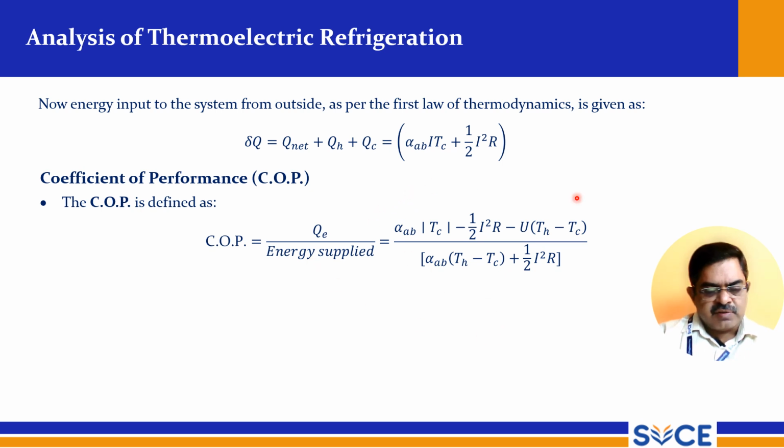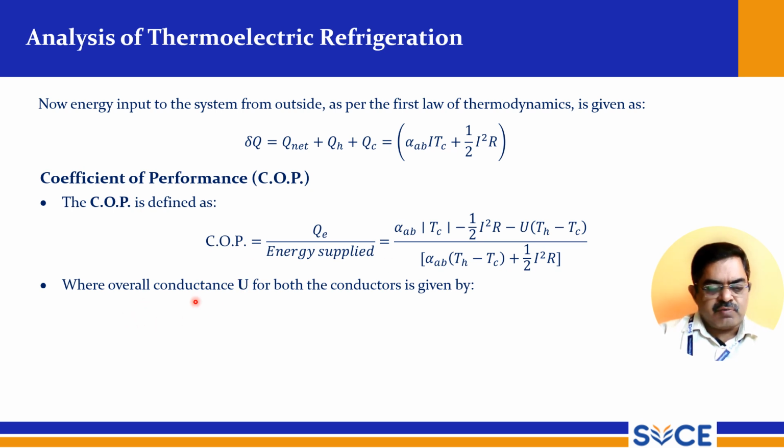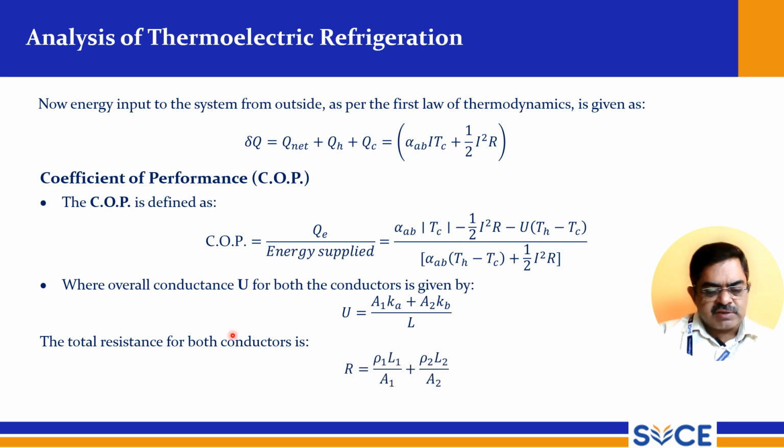Substituting, we get COP equal to [alpha AB I TC minus half I squared R minus U(TH minus TC)] divided by [alpha AB I (TH minus TC) plus half I squared R]. Here the overall conductance U for both conductors is given by U equal to (A1 Ka plus A2 Kb) by L. The total resistance for both conductors is R equal to rho1 L1 by A1 plus rho2 L2 by A2.